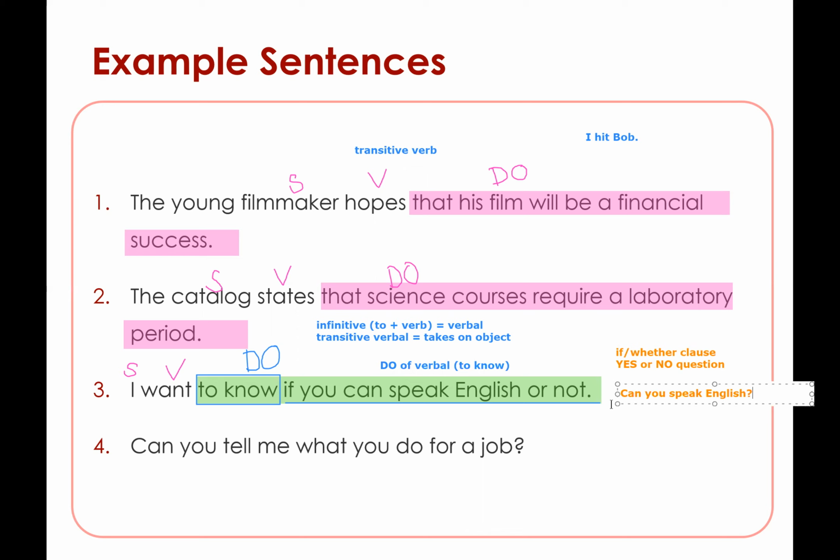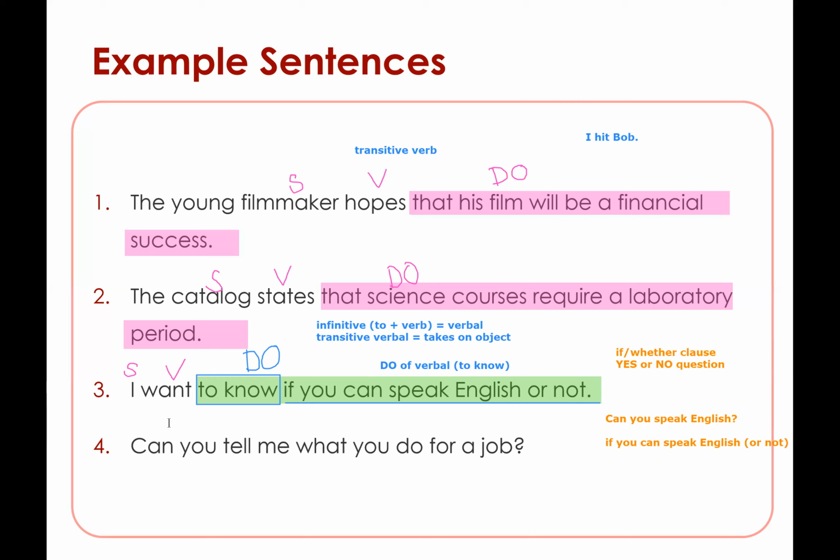So I need to make sure that I change the word order to subject verb instead of verb subject. So if you can speak English, and or not is optional. All right. And also make sure that you use a period because I want, that is a statement.